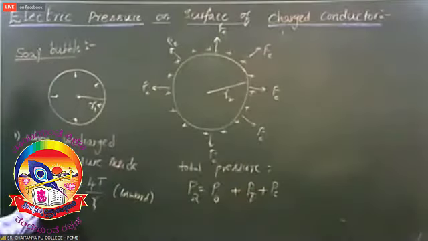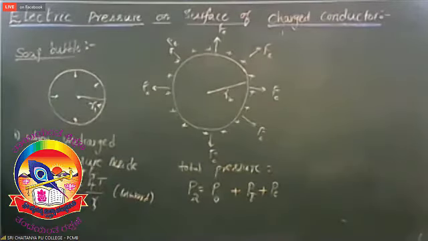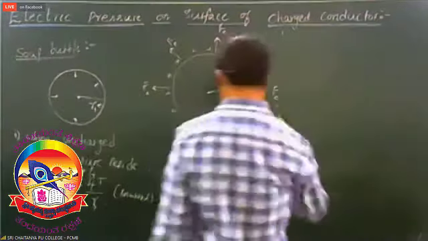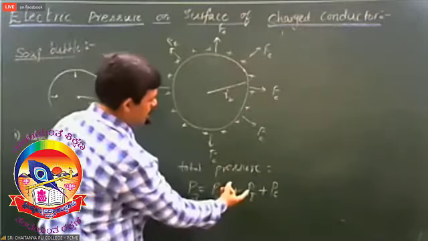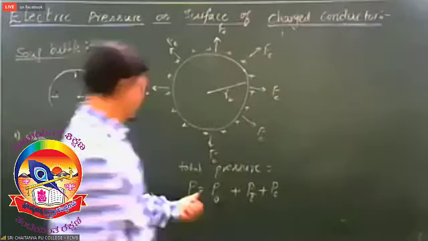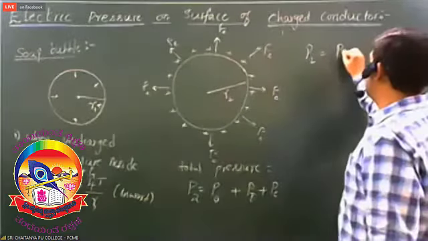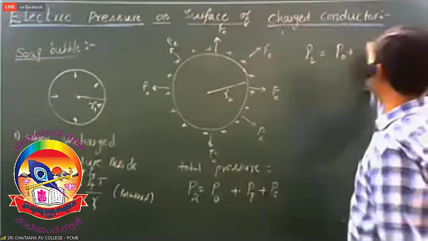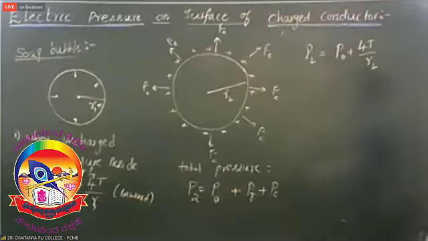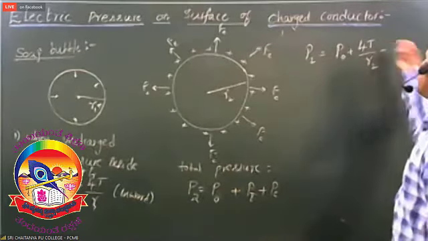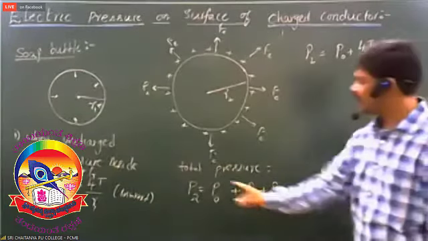In the uncharged case it is only P naught plus pressure due to surface tension. P naught, PT, PE. That is P naught, PT, 4T by R, minus.